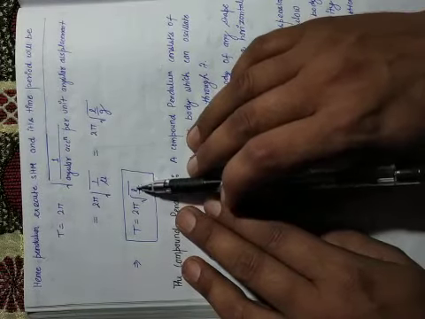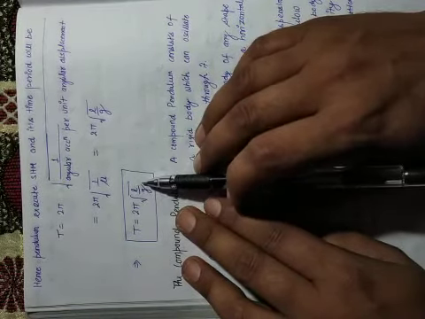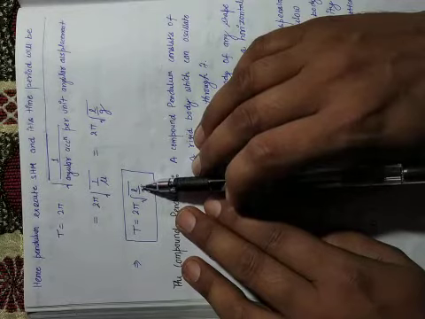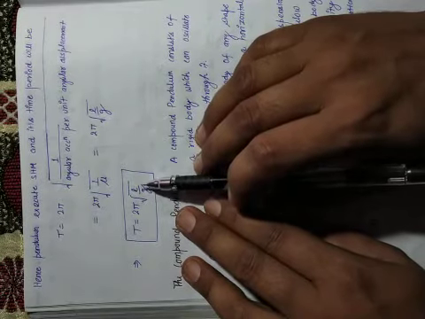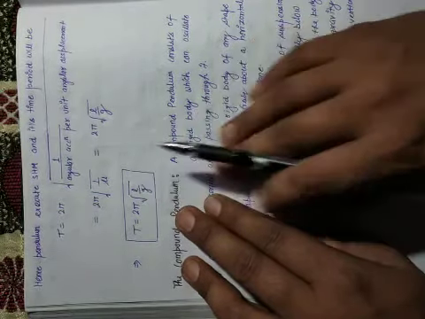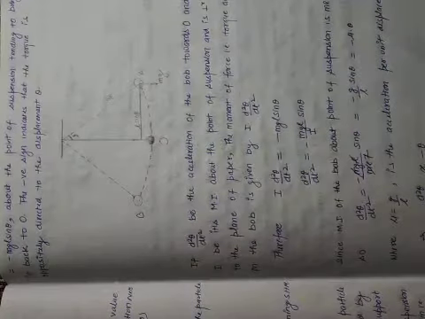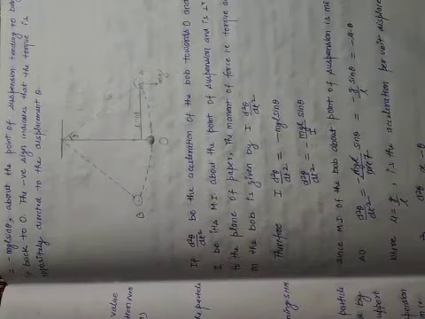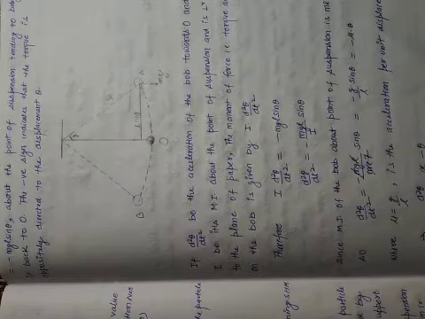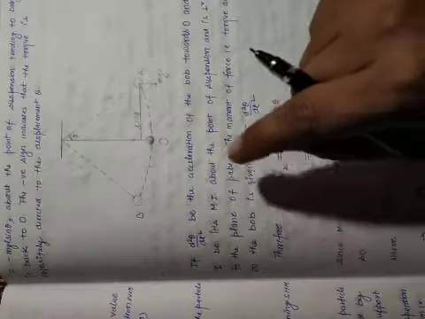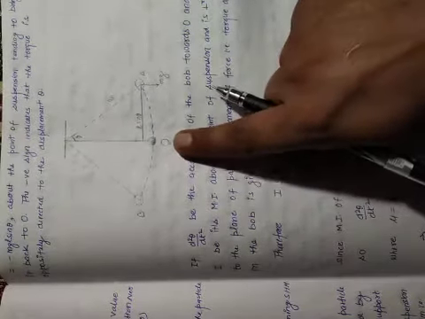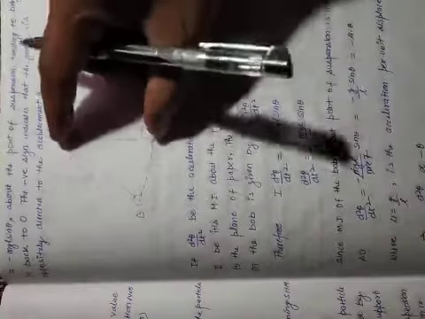So this is the time period of oscillation of a simple pendulum performing SHM: T is equal to 2 pi root L by g, and the only variable quantity is this length.